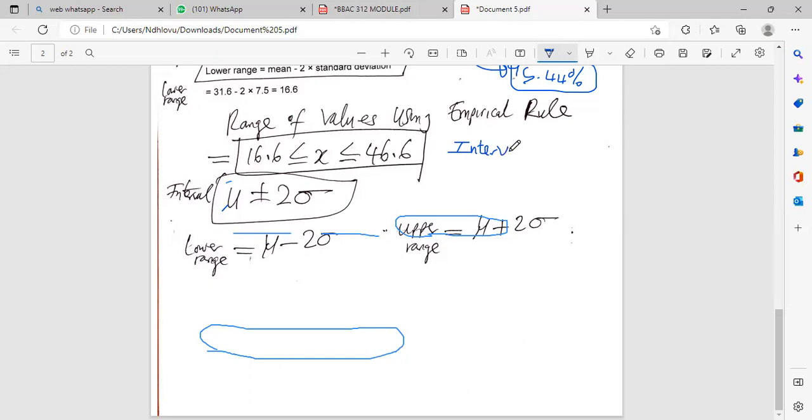So for an interval, we are getting mu positive or negative 2 standard deviations. So from this interval, we know from the question that our mean has been given.